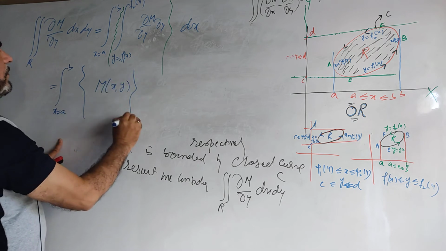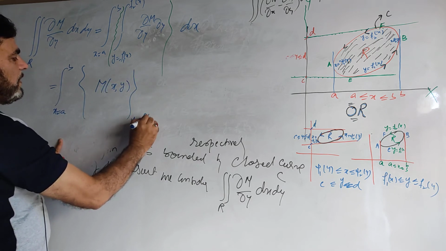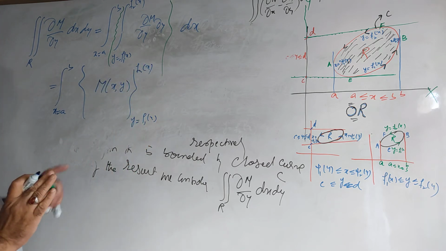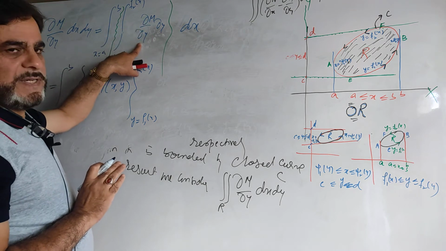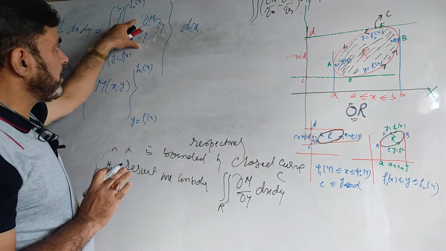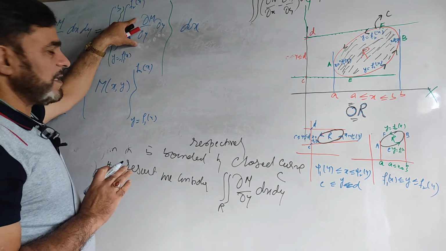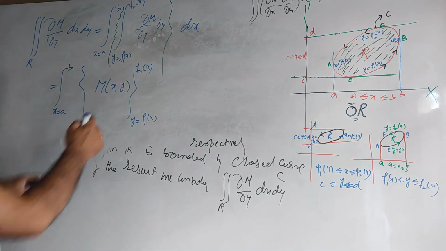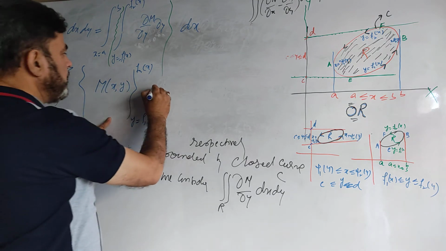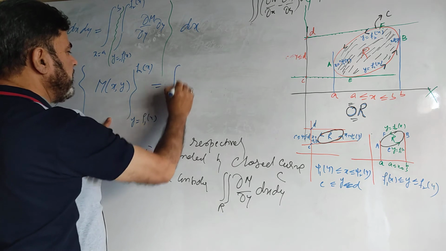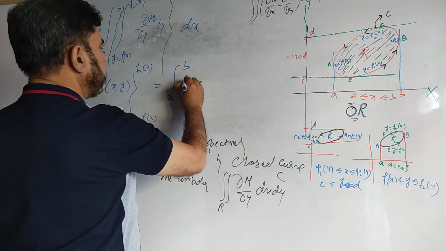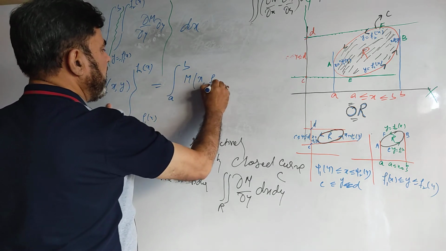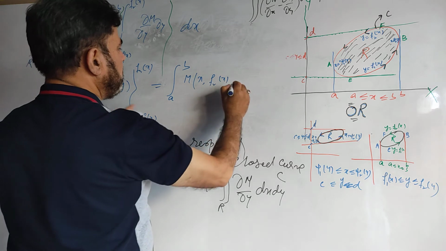We write it, y going from f1(x) to f2(x). Please understand it. This is partial derivative of M with respect to y. You have to integrate this function with respect to y, but it is itself the derivative, so they are reciprocal of each other. You get only M(x,y). Now give the limit. These limits are for y. You get here, this is integral a to b of M. Give the upper limit for y, x, f2(x). Do you follow?